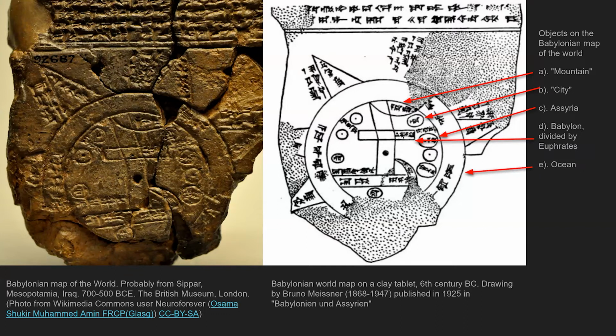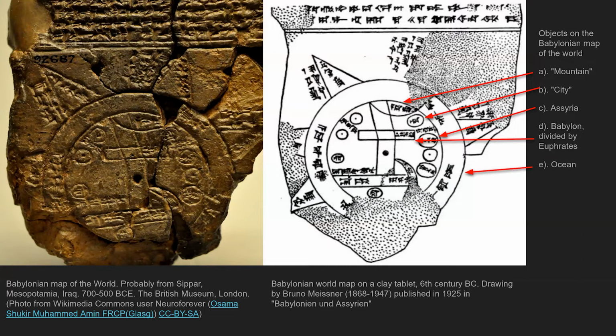And then we have this idea that there is a city, you can see the labels over here, that is somewhere else, because Babylon, the main city of the Babylonian Empire, spans both sides of the Euphrates, or the Euphrates divides the city of Babylon.